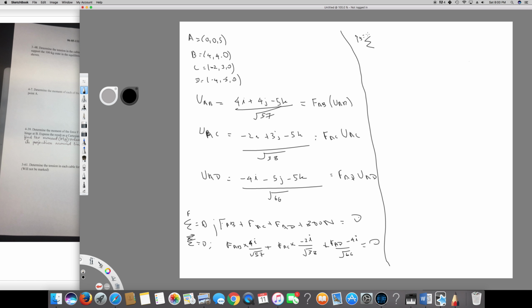Now the second equation for the y-axis, sigma y is equal to 0. I have to add all the j values.